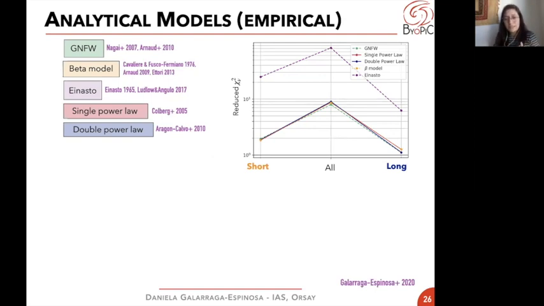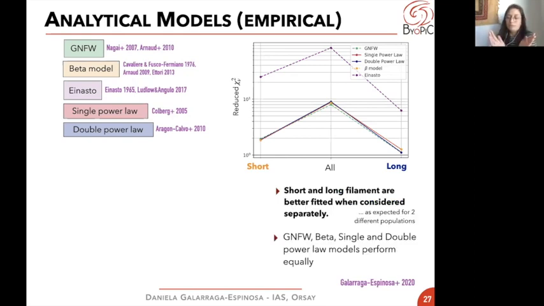We fitted these models to the density profiles of short filaments and of long filaments, and also to the total population. The plot you see here is the reduced chi-square result. We can see that short filaments and long filaments are better fitted when taken separately than when mixed together, as we expect from two different populations.